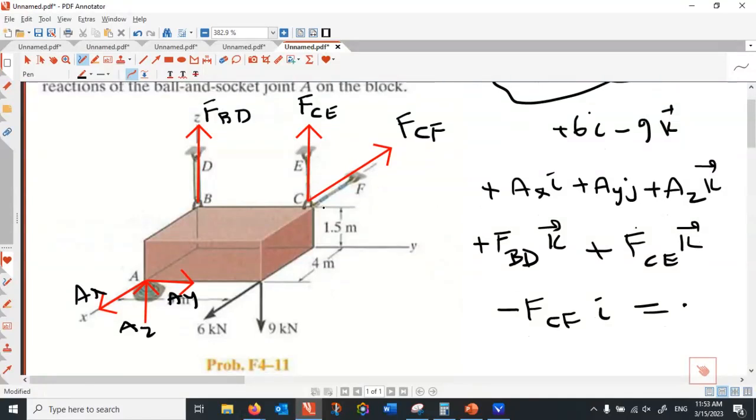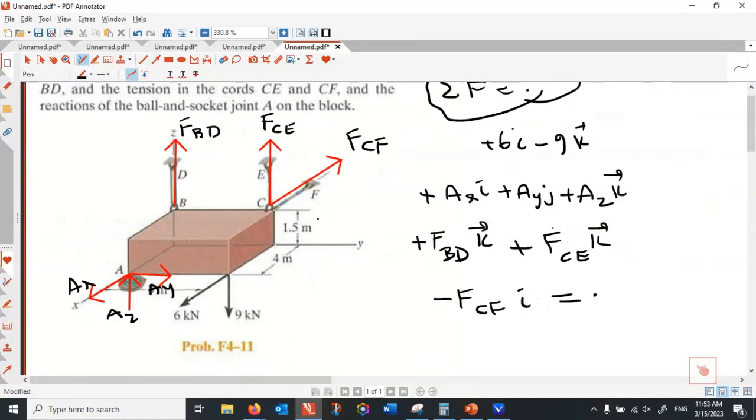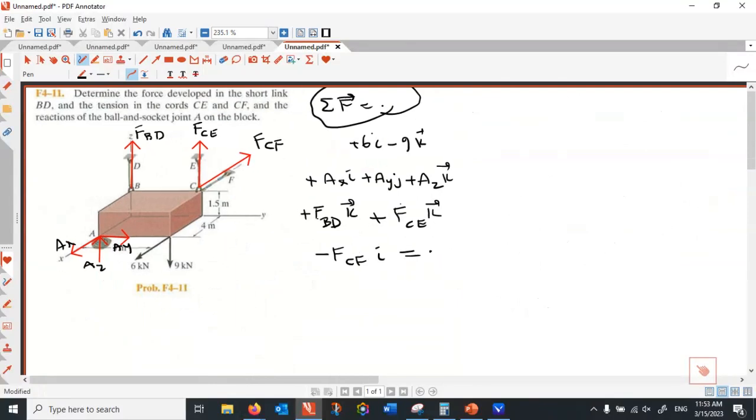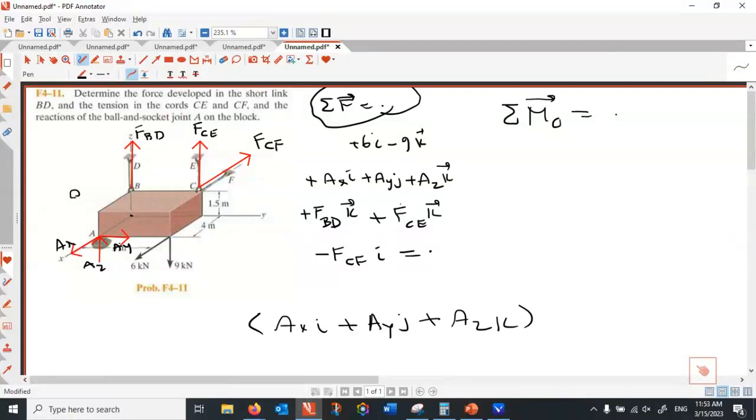All right. So if you do that, that's a very long equation. I call this point O, and then I want to apply net rotation with respect to O as a vector equal to 0. So that is with forces at A, that is AXI plus AYJ plus AZK, multiplied by the position vector.